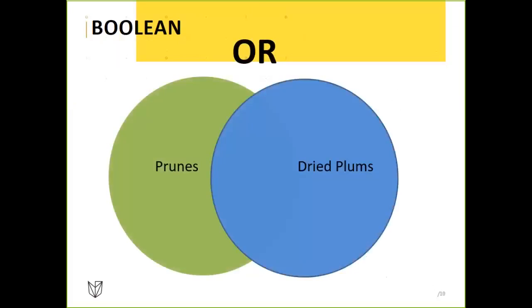Another fancy term they use now for prunes is dried plums. So if I search the library database for prunes or dried plums, I'm telling it, go find everything in this database that has the word prunes in it, go find everything that has the words dried plums in it, but bring me back both. If it has either one, I want them.